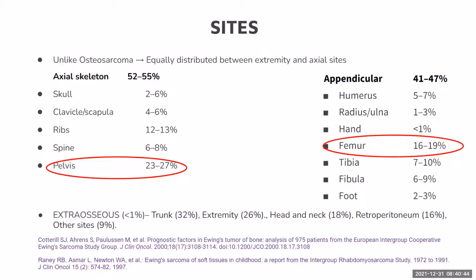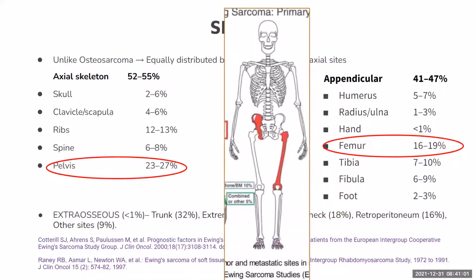More commonly, extraosseous tumors are found in the trunk compared to the extremity, followed by head and neck and the retroperitoneal region. I saw yesterday when I was reading that Ewing sarcoma can occur in the skin, with a 5-year survival of more than 90%. So this is the pictorial presentation of the most common sites, the pelvis and the femur.